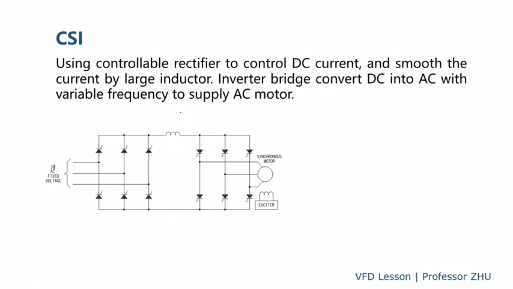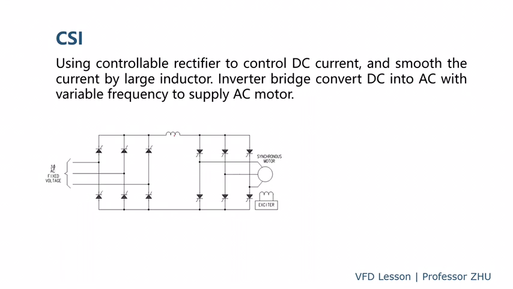CSI is relatively older technology, and very few companies manufacture CSI. They are normally used for very large horsepower, like big VFDs for the starter of a big blower in the steel plant, and also for driving big pumps.